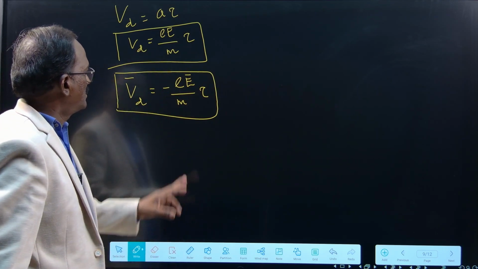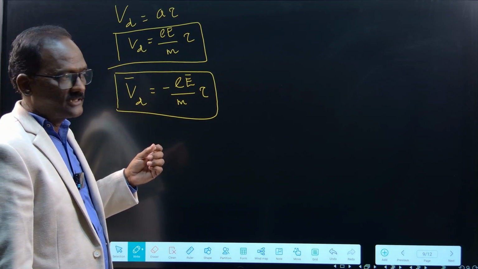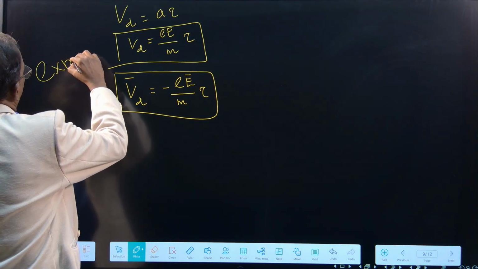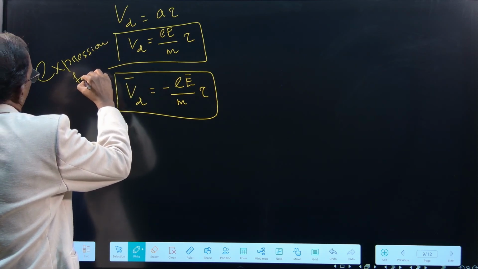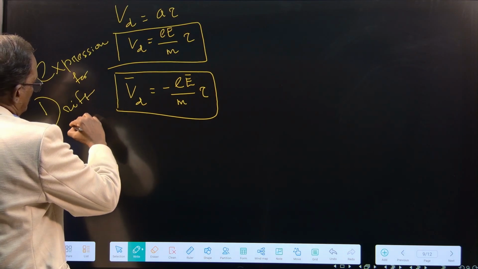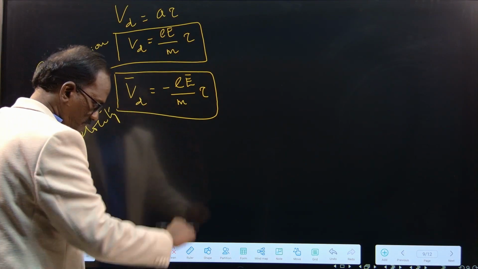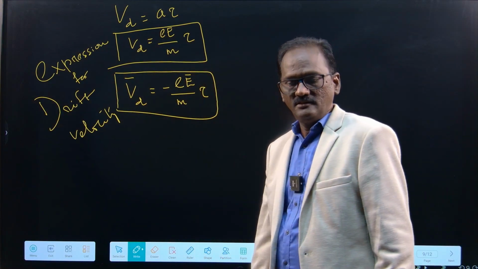This is with minus sign for negative charge carriers. So this is the expression for drift velocity.